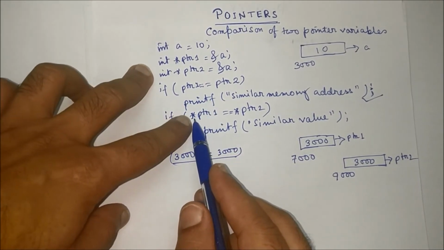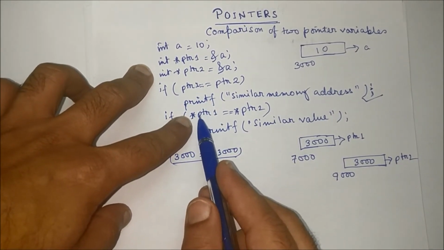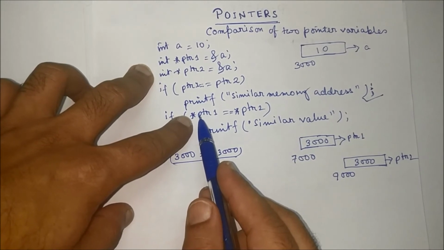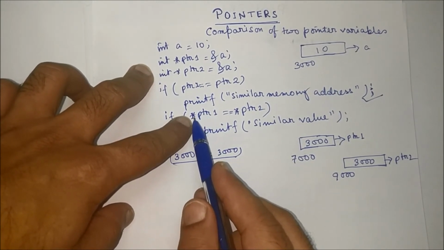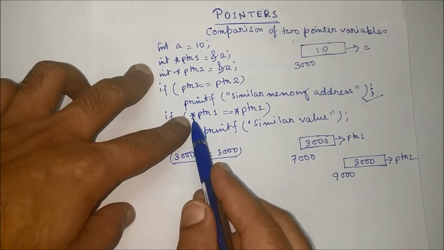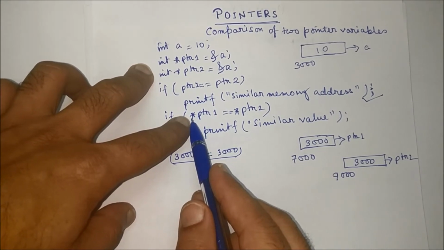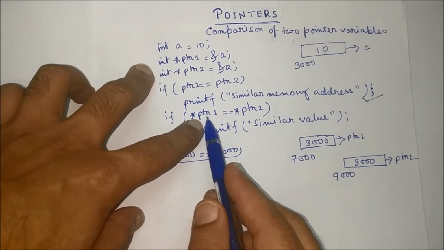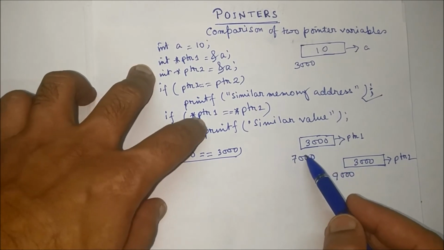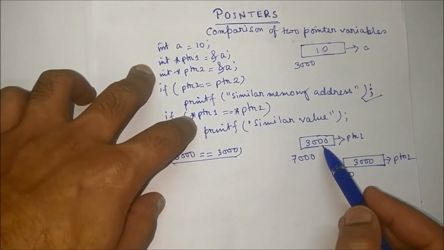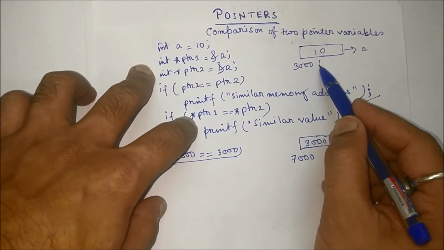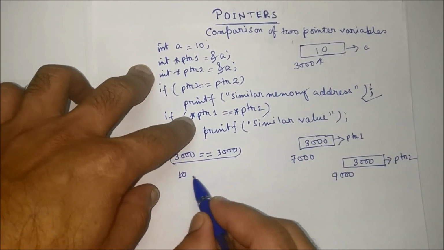In this statement, what is star ptr? Star ptr is nothing but asking the compiler to go to the memory address and give me the value, because star is the operator for value at address. So value at address means it will go to the location of 3000. ptr will return 3000 and star ptr means it will go back to this location, so it will give you 10, right?